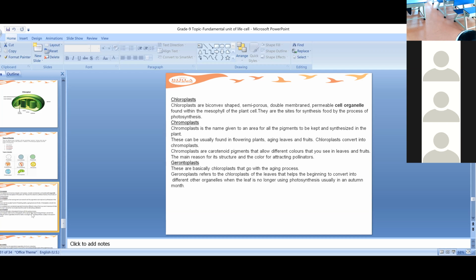They help in pollination. So these flowers attract the different insects by their attractive colors and the smell also.